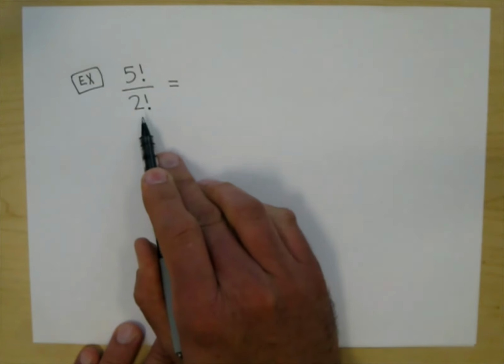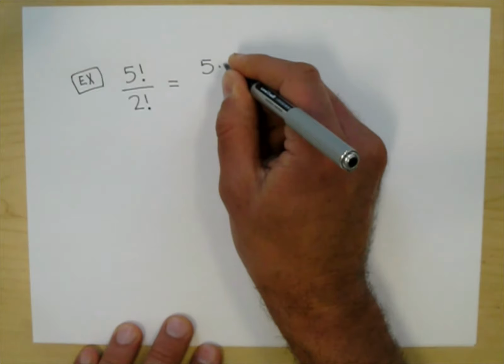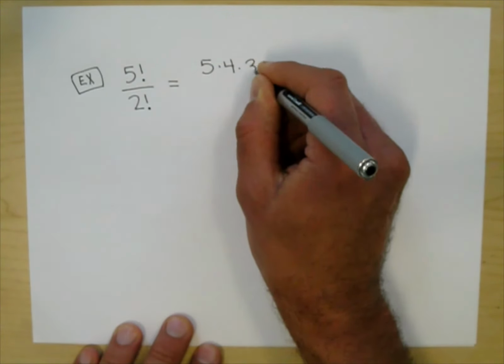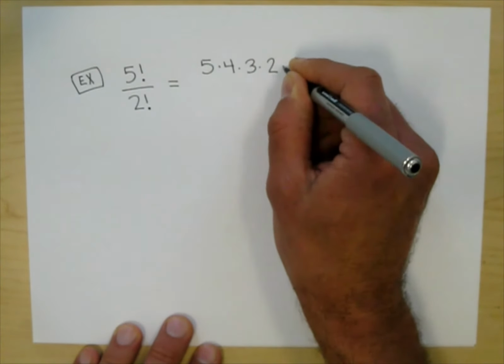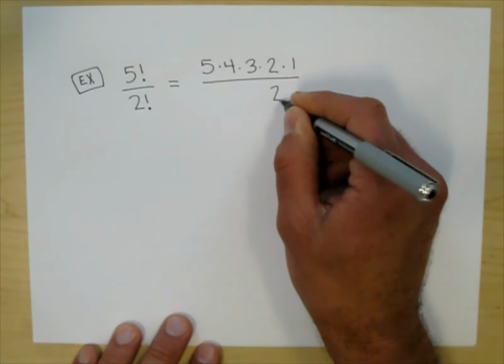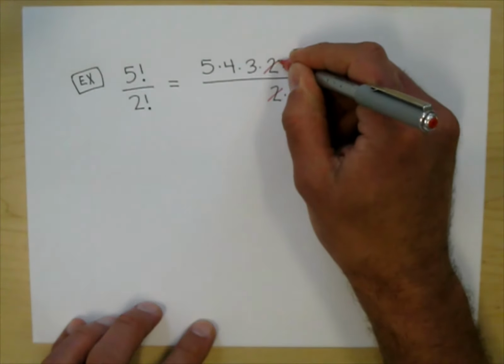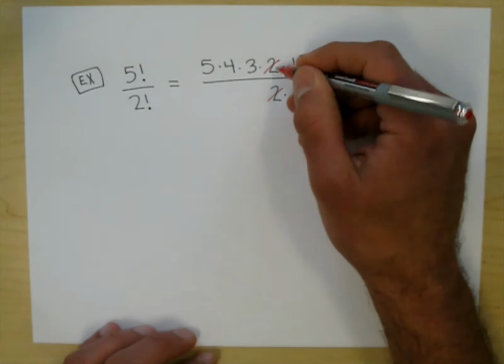This is going to help us with some things later on. 5 factorial is 5, 4, 3, 2, 1, and 2 factorial is 2, 1. So what we can do is we can cancel the 2's. We say cancel, but we're dividing out.